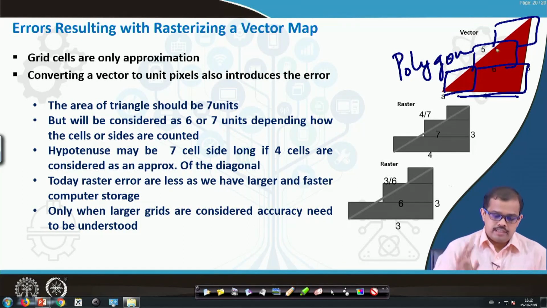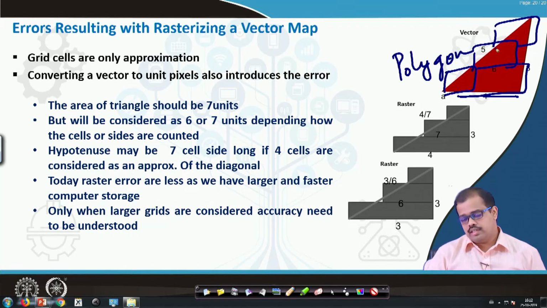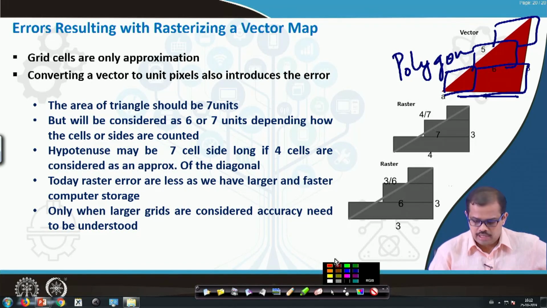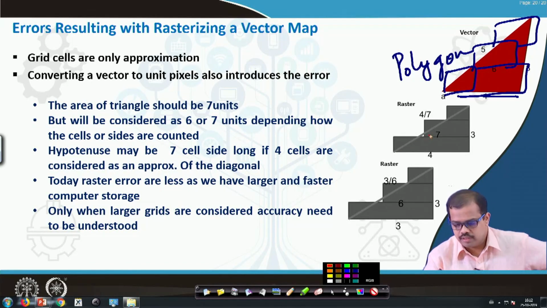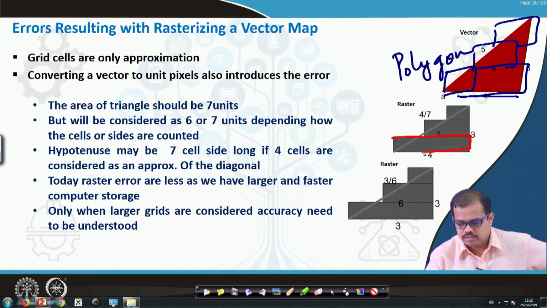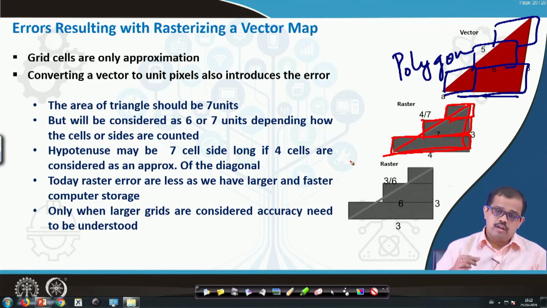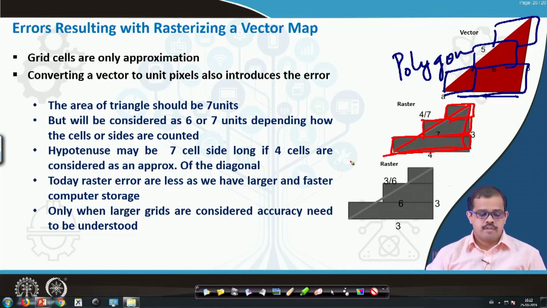Now when we are looking at this area of a triangle, it should ideally be about 7 units. When we are converting it into raster, I have shown here how it has been converted. So you have this as 1 pixel unit, this has 1 pixel unit, and so on, but when you look at this polygon, it is something like this. So you are actually approximating that particular polygon to those pixels.